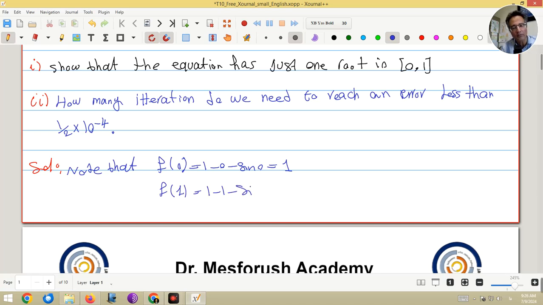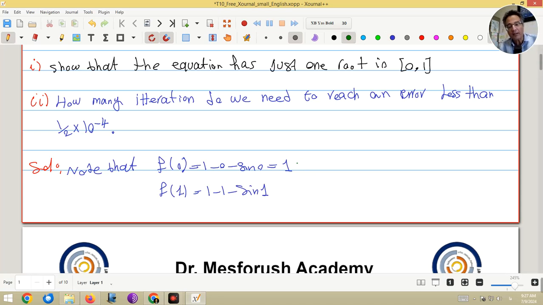And f(1) is 1 - 1 - sin(1). Note that if you use a calculator, it should be in radian mode for solving problems that involve trigonometric functions.